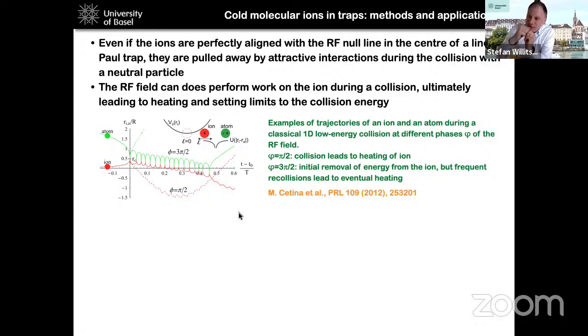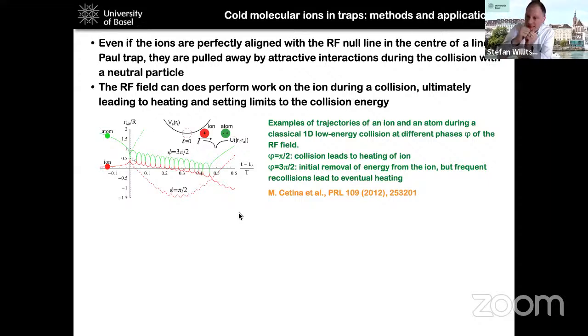And if a collision then happens under conditions where we have micromotion, then in unfavorable circumstances, through the collision, micromotion energy is coupled into the secular motion, and that leads to a heating of the ions. Of course, how big a problem that is depends on when in the RF cycle, when in the micromotion cycle, the collision really happens. But if you average this over time, it turns out that you cannot really neglect this.